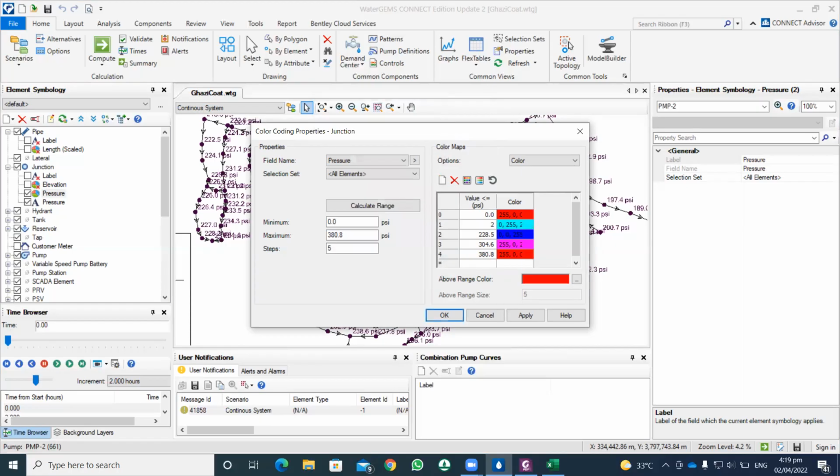So I want to convert it to 20, 50, 80, and that's it.